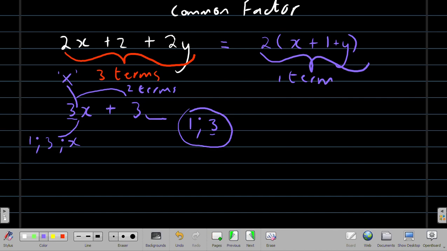So if you divide 3 by 1 and 3, you're going to get a whole number. And also if you divide 3x by x, you're going to be left with 3, so again you get a whole number. So x is actually a factor of 3x. So we have these two lists of factors, right?